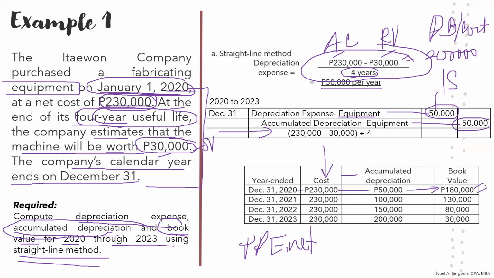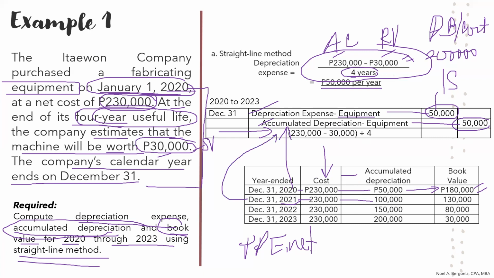Okay? Pagdating ng December 31, 2021, nakapangalawang entry na tayo ng debit depreciation expense, credit accumulated depreciation. So yung cost pa rin is 230,000 at dahil pangalawang taon na ng ating depreciation, yung accumulated depreciation niya is nadagdagan na. Sir, bakit nadagdagan? Again, in 2020, nag-entry ka nito, di ba? So nag-credit ka 50,000. Tapos in 2021, nag-entry ka ulit, December 31.